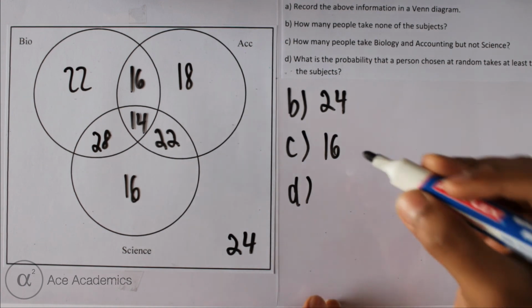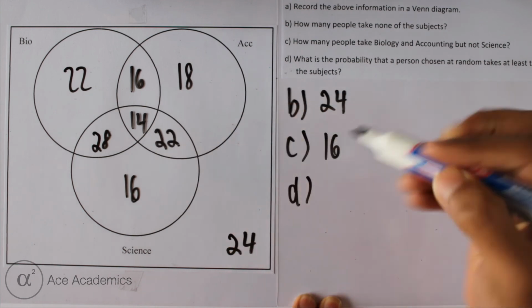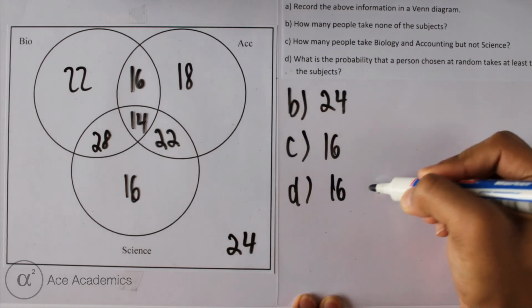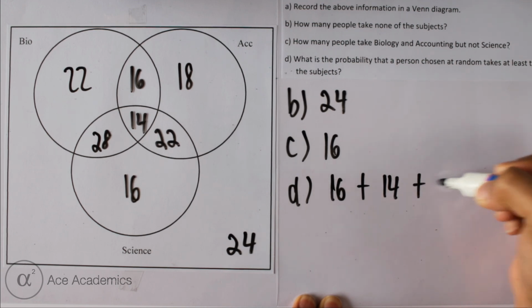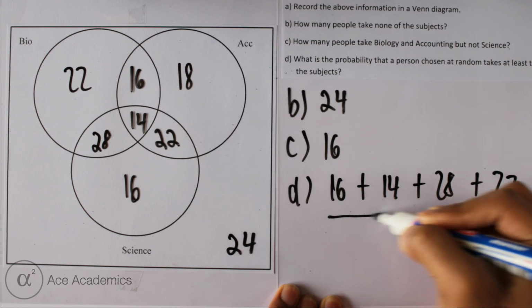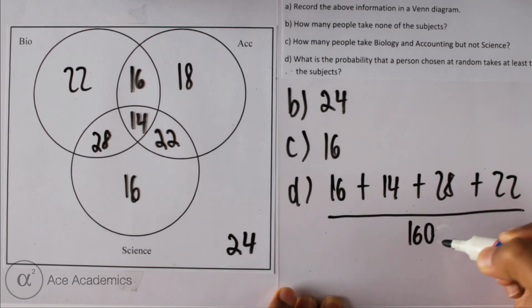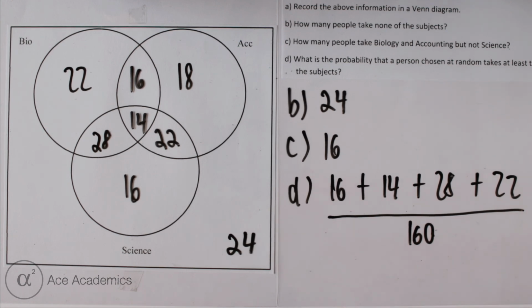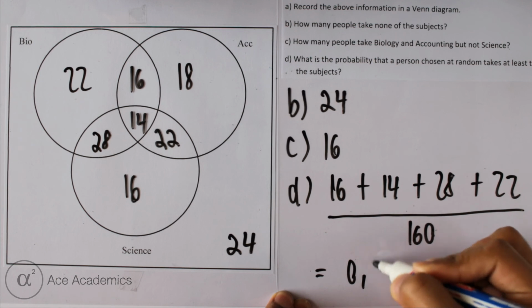So to find this answer, all we have to do is sum up all the values in this flower shape and divide it by the total number of people in the survey. So 16 plus 14 plus 28 plus 22 divided by the total number, which is 160 learners. And that simplifies to simply 0.5.